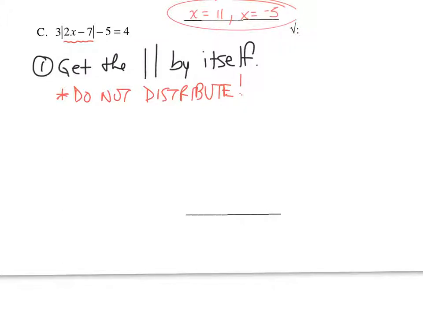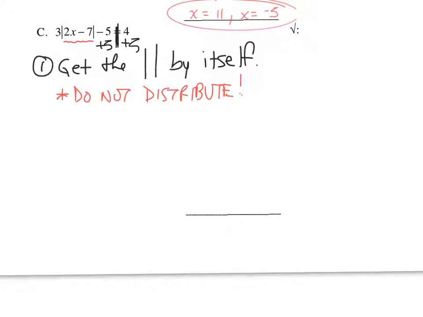Maria? 2x minus 7. Okay, but we want to get that by itself. So my question to you is, when I say all by itself on one side of the equal sign, what I mean is everything to the left of that line that I just drew. How can I get rid of the minus 5? What'd you say? All right, so we're going to add 5 to both sides.